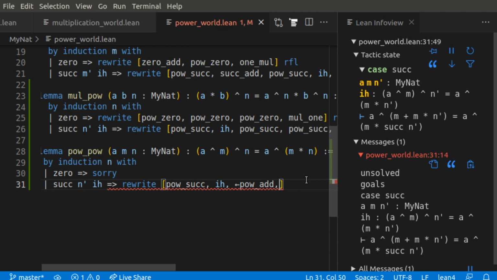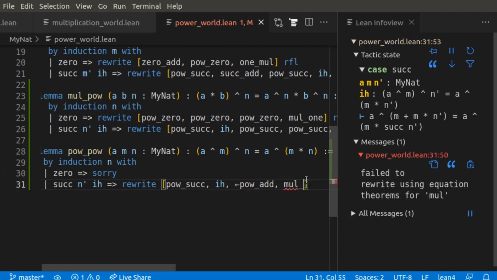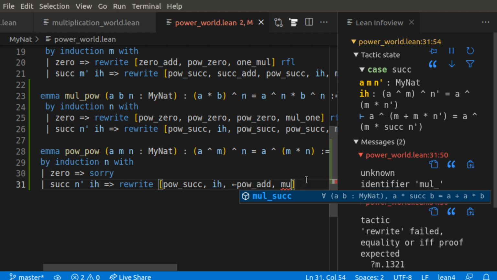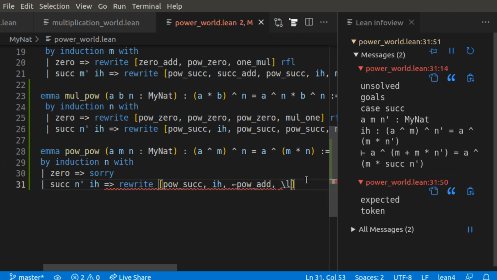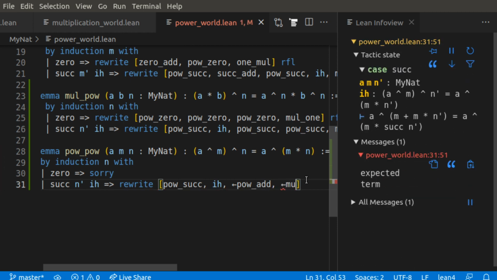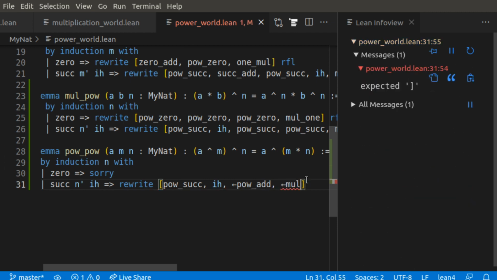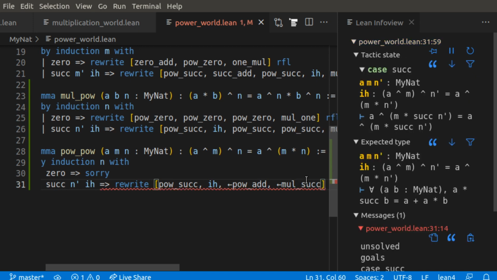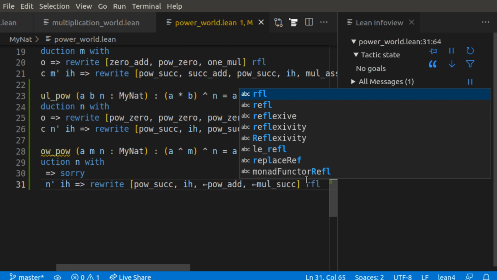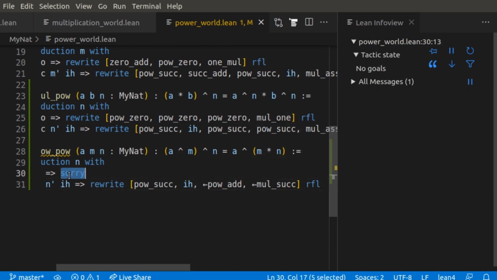Pretty much, I want to apply mole successor or something. Oh, that works. Could I have applied mole successor in reverse already then? Was it the right way? Oops. Mole successor. Oh, I could have. Okay, I didn't need to do any associativity stuff, and that's just reflexive. And we're done. Oh, we have the sorry case.